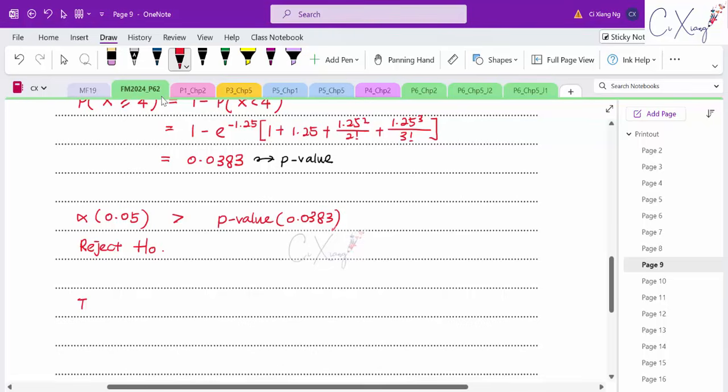There is sufficient evidence to show that the teacher's claim is true.